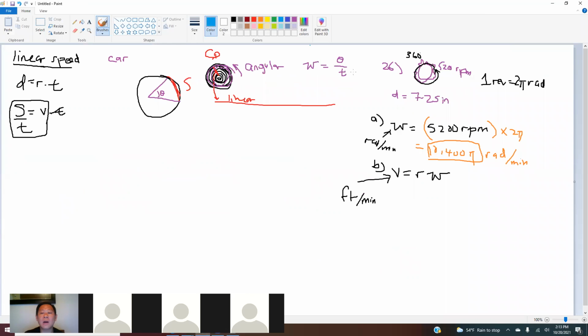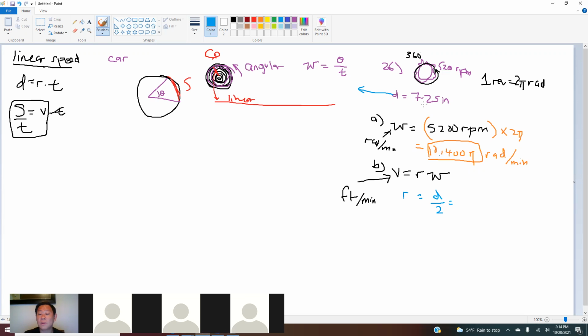Can someone tell me how you figure out the radius if I give you the diameter? You take your diameter and divide by 2, right?